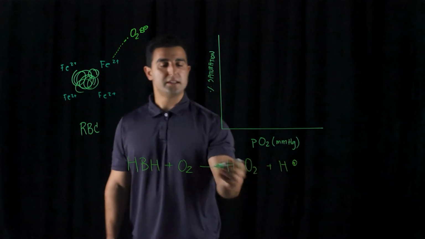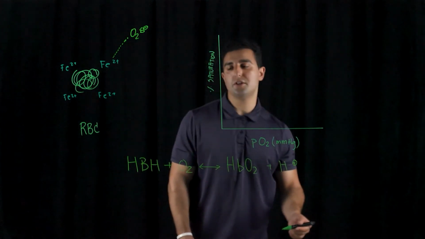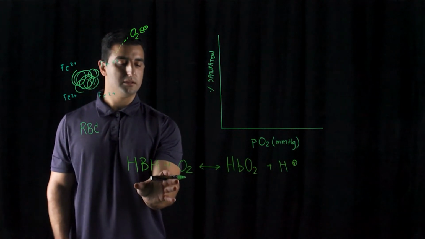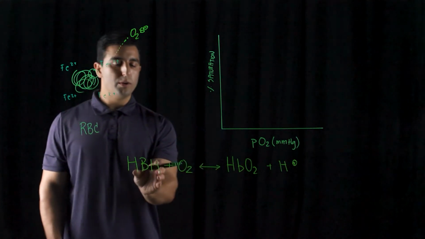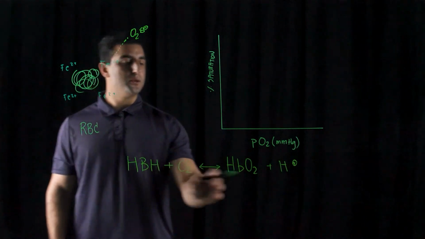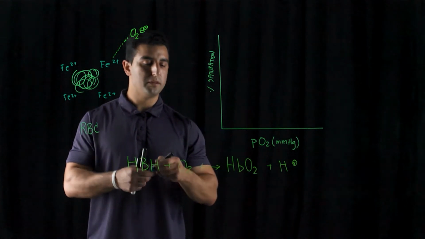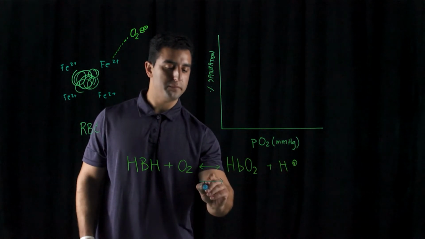This equation is reversible, meaning it goes back and forth depending on the site of location. Going from a reduced hemoglobin to an oxidized hemoglobin, this direction here in blue, happens in the alveoli.